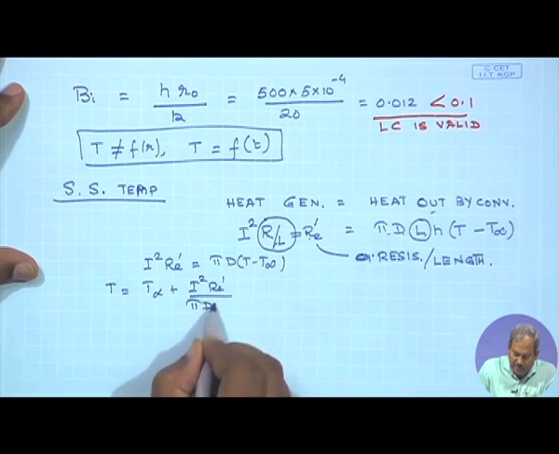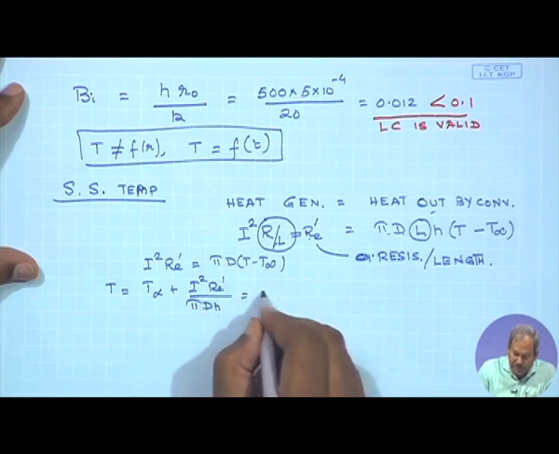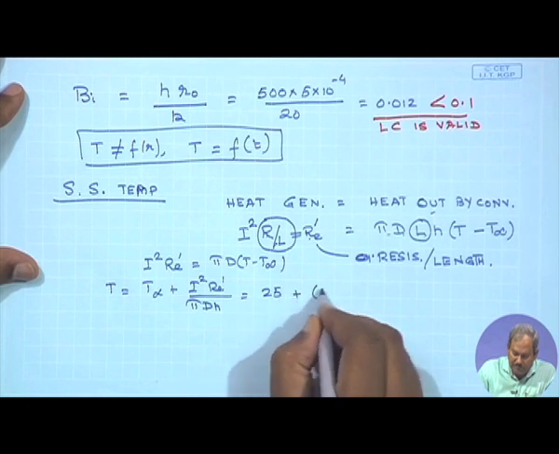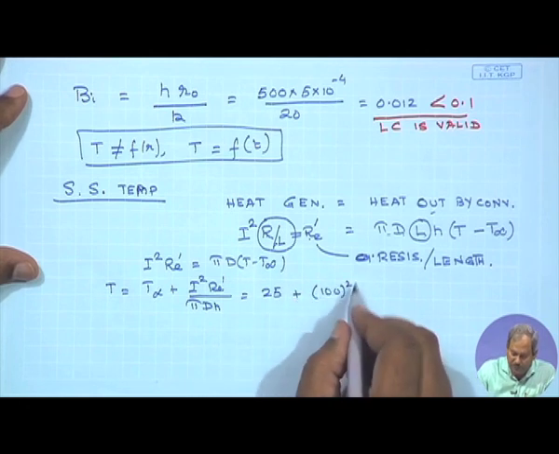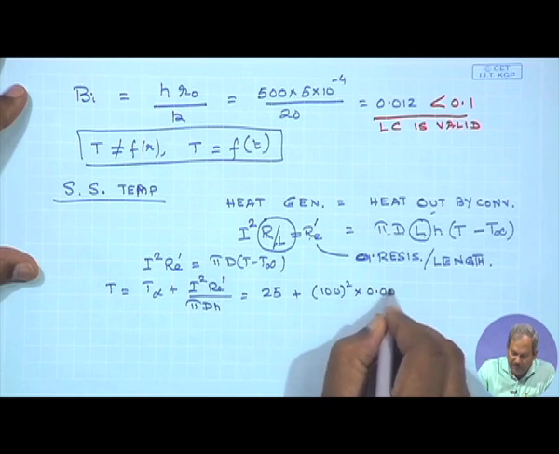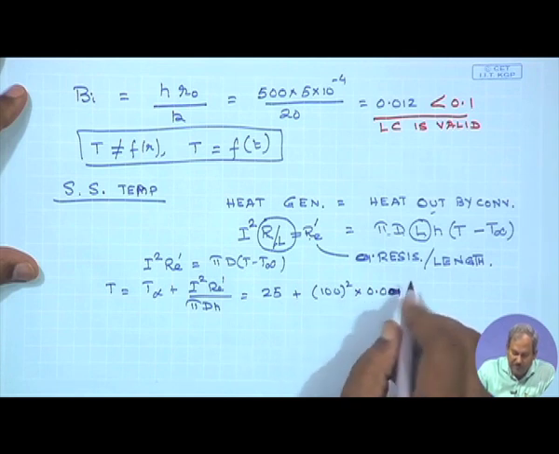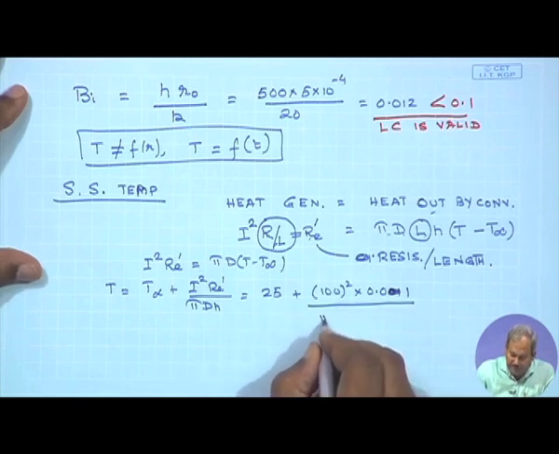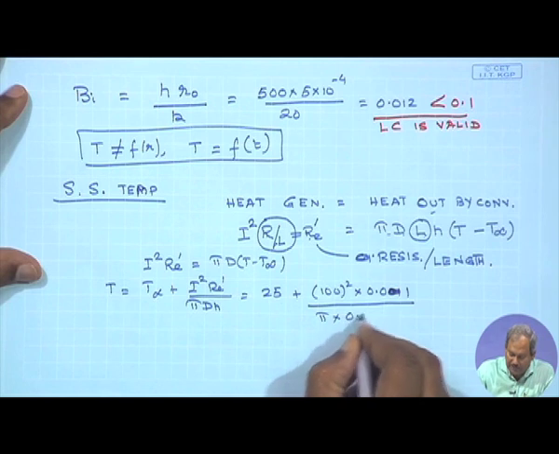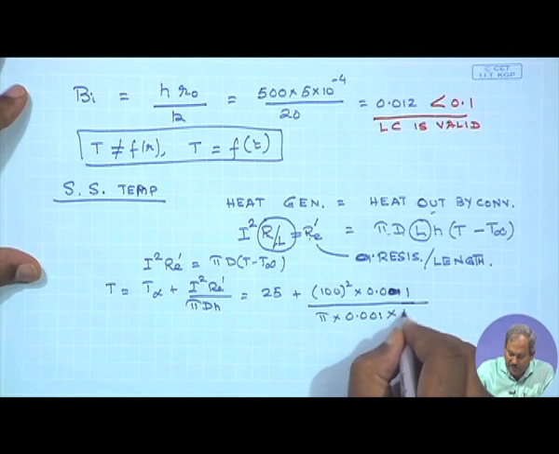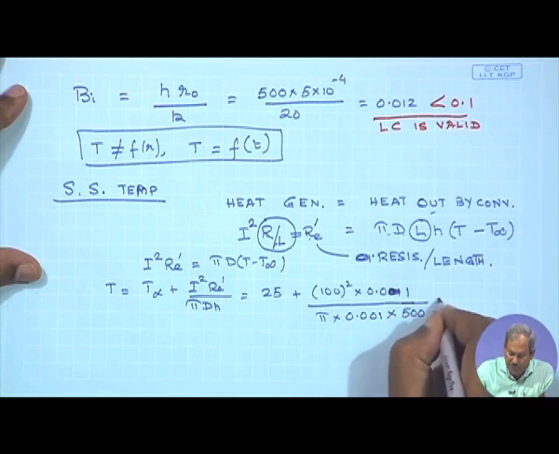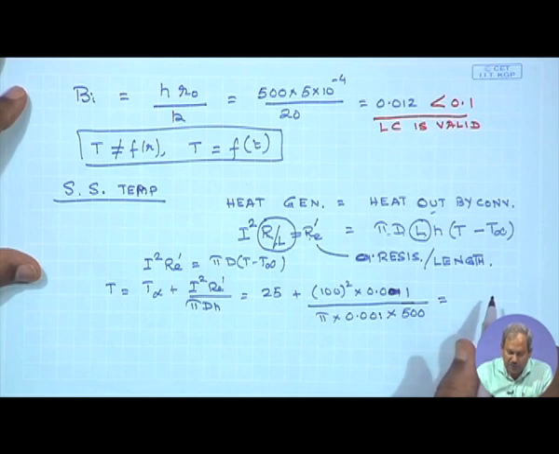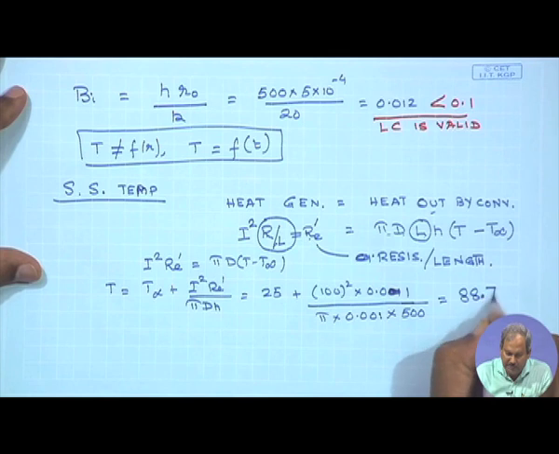You put the value of T infinity, put the value of I to be 100 ampere square, R E prime is 0.01 ohm per meter, and pi, the diameter is 0.001, and the value of the convective heat transfer coefficient is h, which would give the steady state temperature to be equal to 88.7.